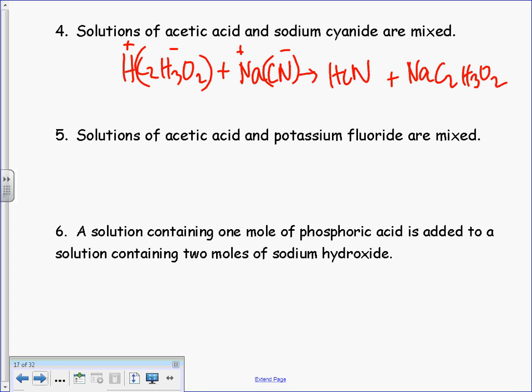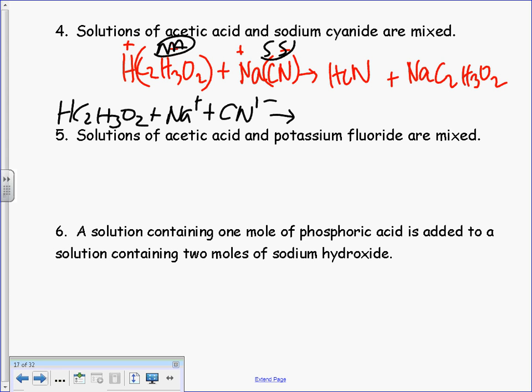Tell me what's ionized. That's a weak acid, right? Weak acid, leave it alone. HC2H3O2. Okay, soluble salt specifically, right? So what happens? It does ionize, Na plus and CN minus. Okay, so I'm going to put SS above that for soluble salt, so it does ionize.